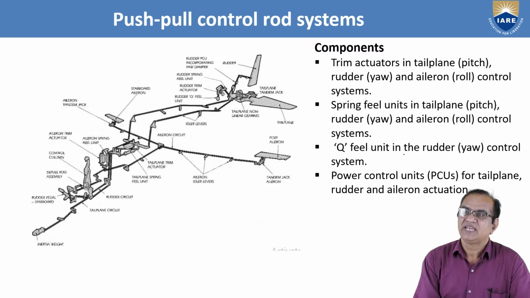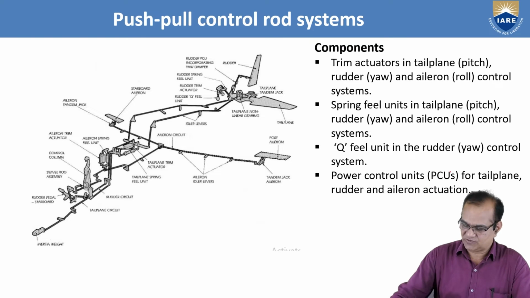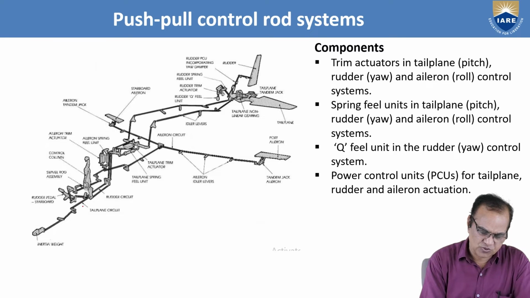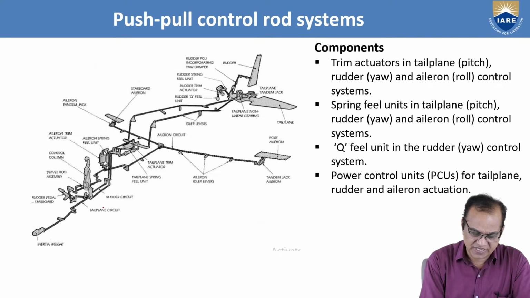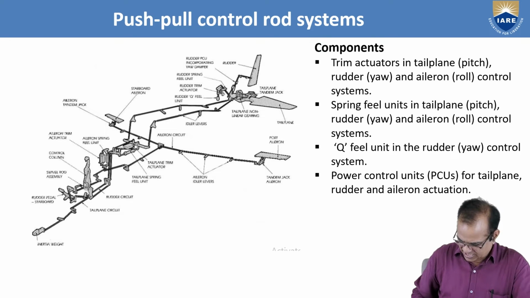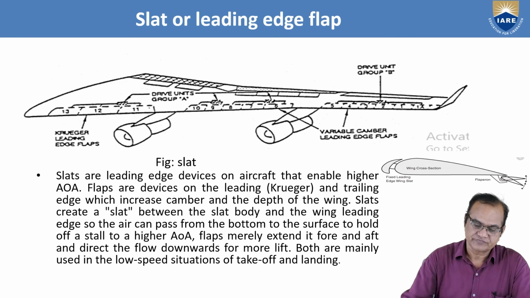There is a Q feel unit in the rudder yaw control system, and power control units for the tail plane, rudder, and aileron actuation. All these push-pull rod systems of different rods are shown here: tail plane circuit, rudder circuit. The tail plane is different, the rudder is different, and the aileron is different. For every system we have different linkages, and these are operated accordingly.